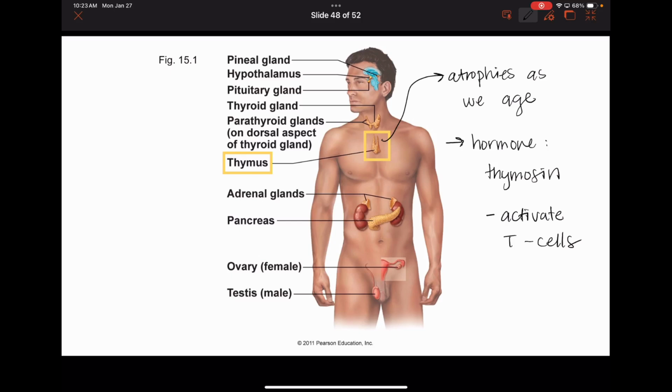And so in this case, the secreting organ is the thymus gland. The hormone is thymosin. The target cells are our T cells, and the response would be immune system activation.